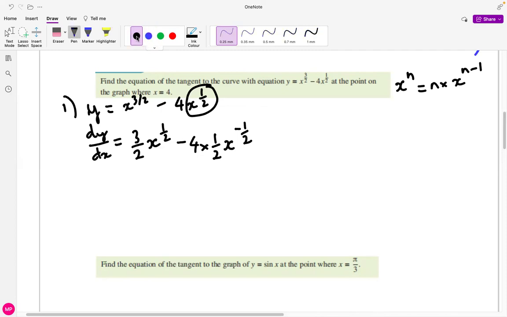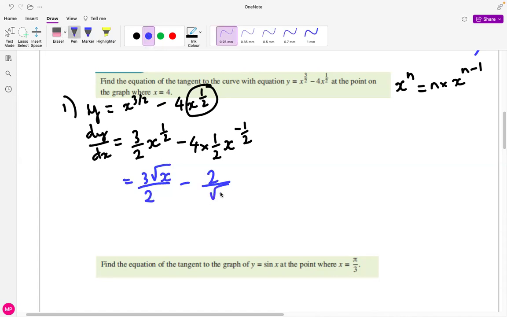Then all you do here is simplify a little bit. 3 over 2 x to the power of a half, I can write it nicer as 3 over 2 and then square root of x if I want to convert to surd form. 4 times a half gives me 2, and then x to the power of negative a half, I can make that go to the bottom to become positive, x to the power of a half, and you can write that as square root of x, right?